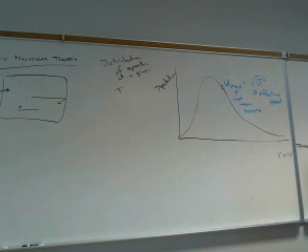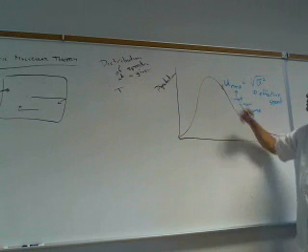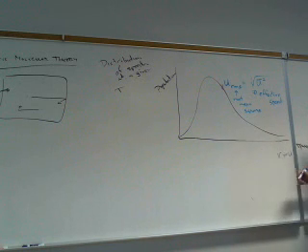The URMS, this effective speed, changes with the temperature. And so the temperature of the gas is directly proportional to the URMS speed. Is that correct? Well, it's not really directly proportional. It's more complicated than that.